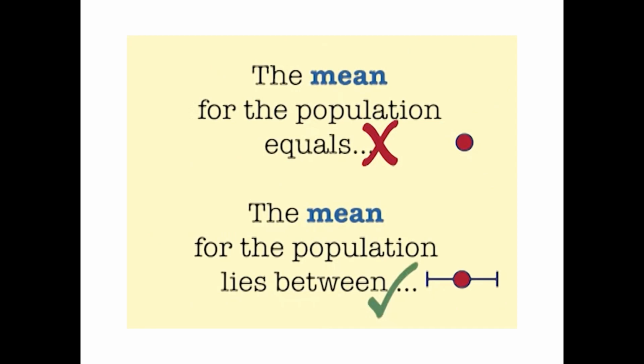What we are saying here is that when we make these confidence intervals, we don't know the population mean, but we say that the population mean lies between the upper and the lower ranges, or the upper confidence level and the lower confidence level that we have made or suggested.